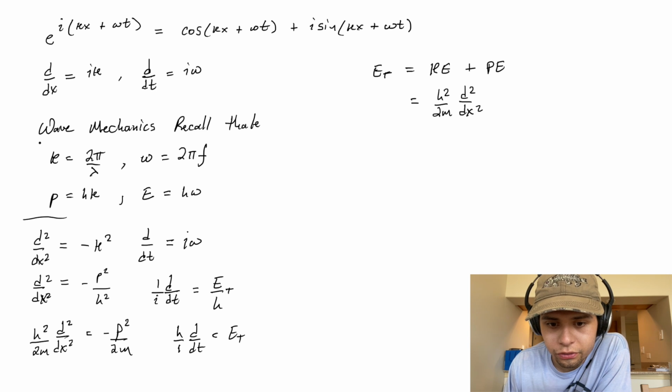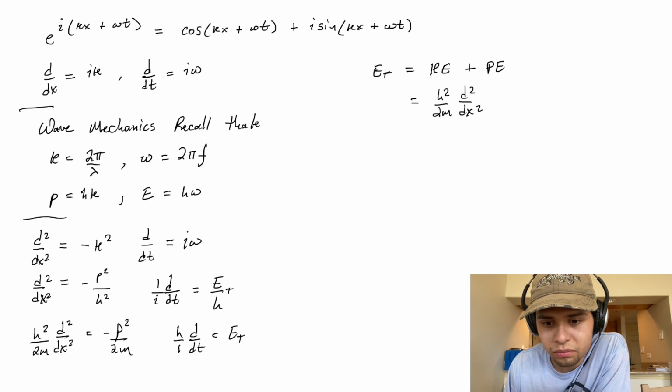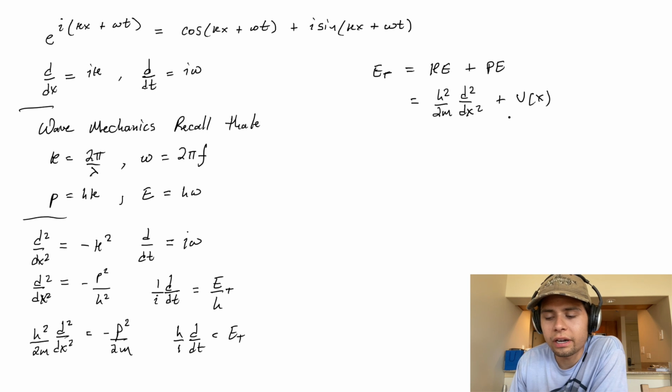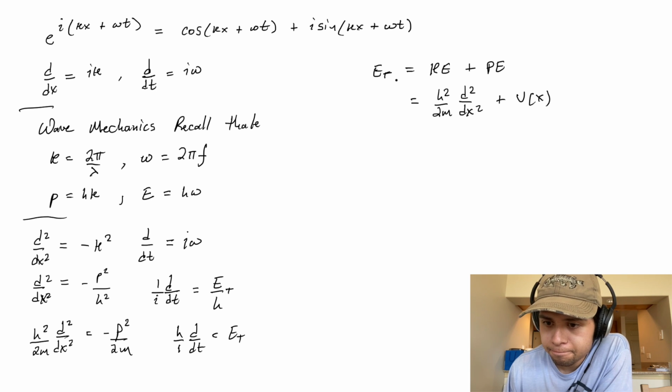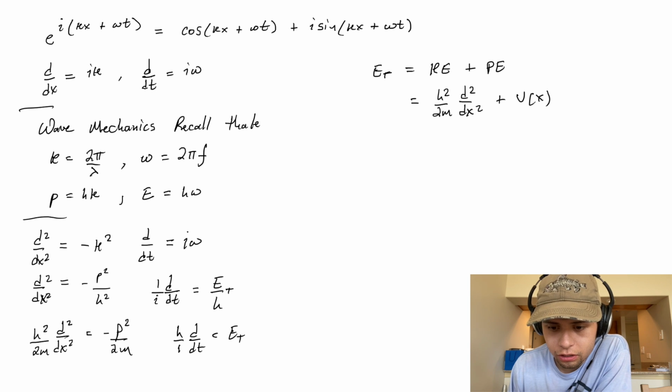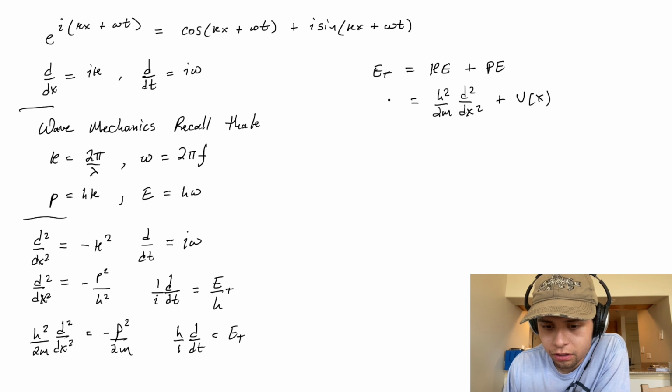This is something that we have to recall. And then we have this potential energy, and we'll call that V of x. We'll just have this be one-dimensional for right now. And so E total here, the total energy, is this operator, d/dt.